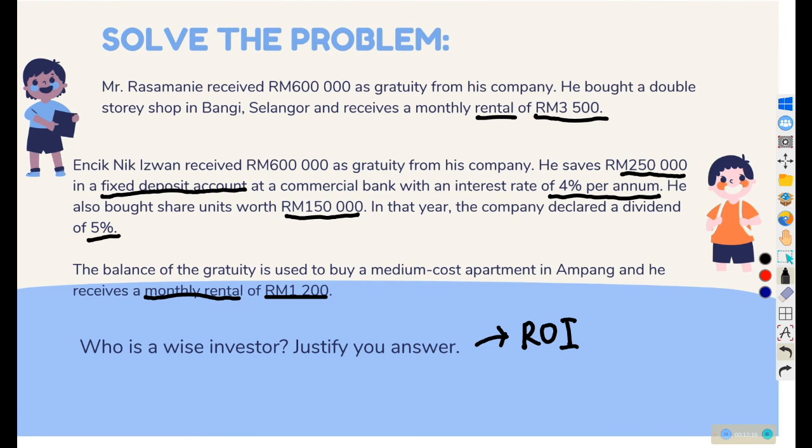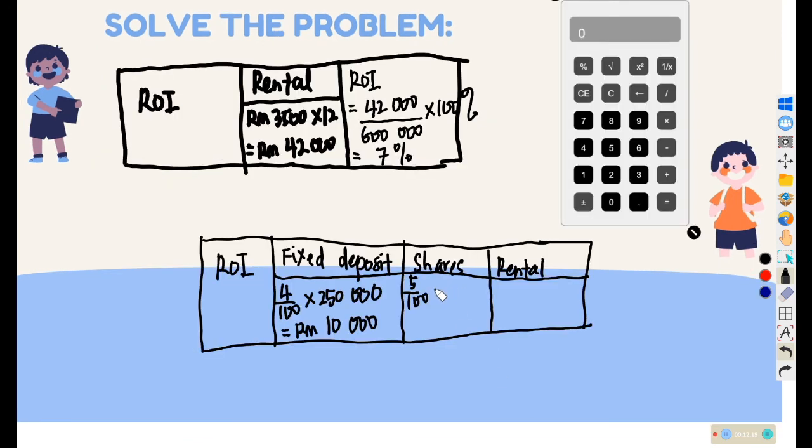Yes, 5%. 5% times 150,000, so you will get RM7,500. And the rental here is RM1,200 times 12, so you will get RM14,400.